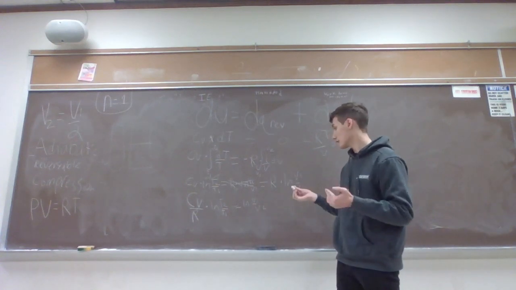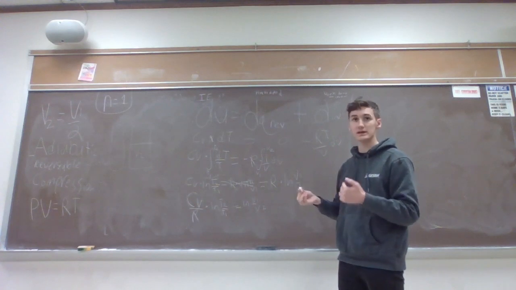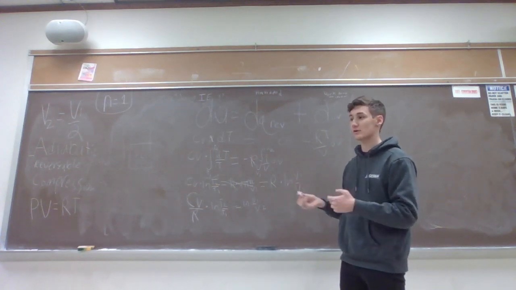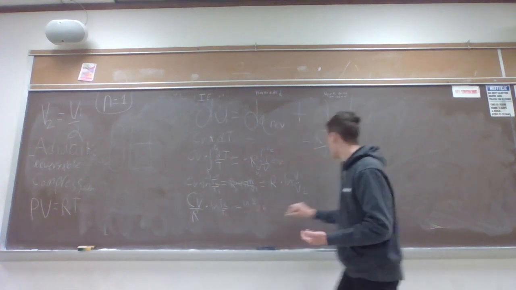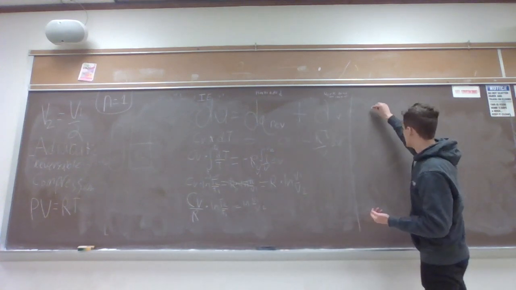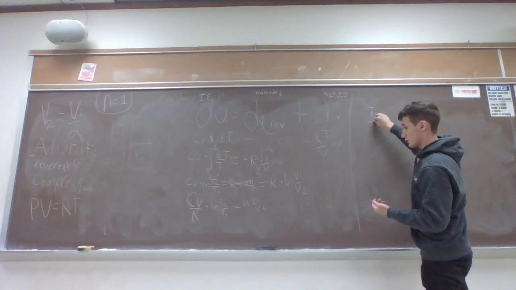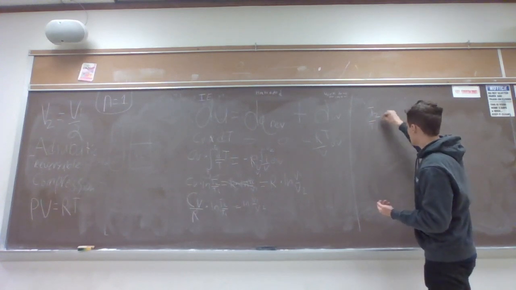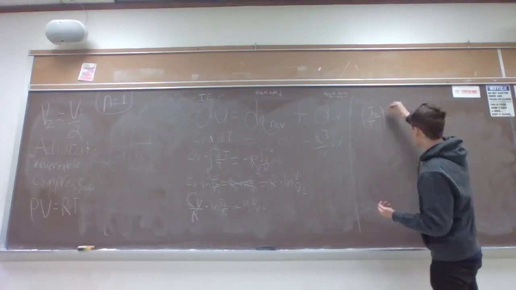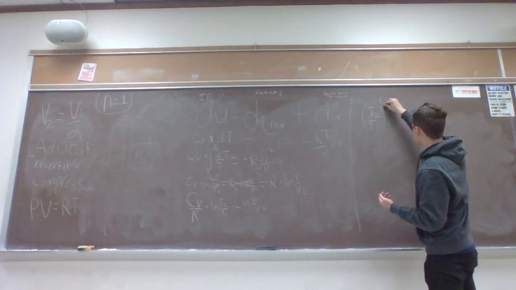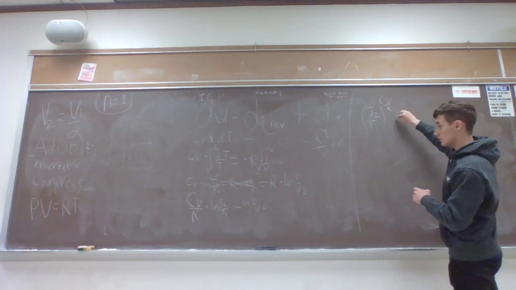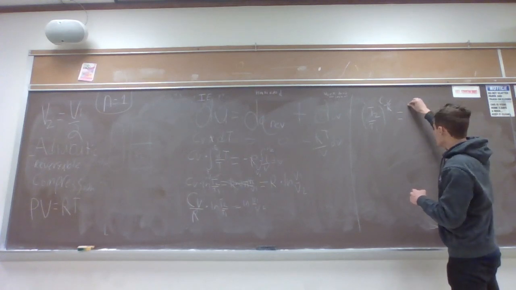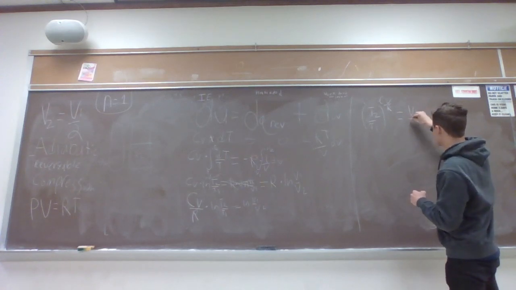This ln is annoying. So what we would do is raise it to E. And what raising it to E would do is give us T2 over T1 to the power of CV over R. Okay? And then that would equal V1 over V2.